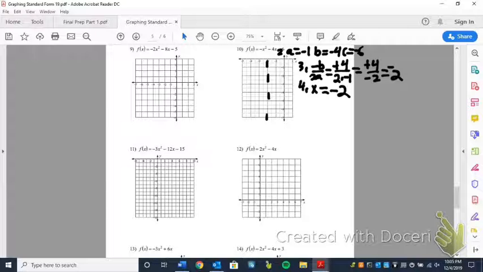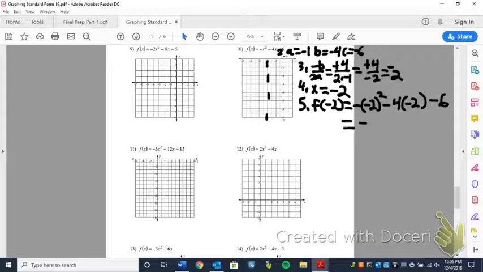Step 5 is we want to find the value of the function when we plug negative 2 in. So we call that f of negative 2, and that gives us negative 2 squared minus 4 times negative 2 minus 6 equals negative 4, because it's negative 2 squared, that's positive 4.